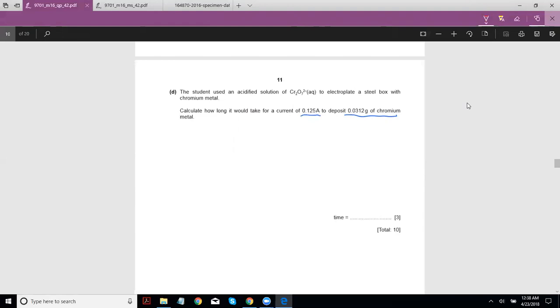Okay, so you need 6 electrons per mole of Cr deposited, because Cr6 plus has to go to metal. So you would need 6 moles of electrons to deposit 52 grams of chromium.